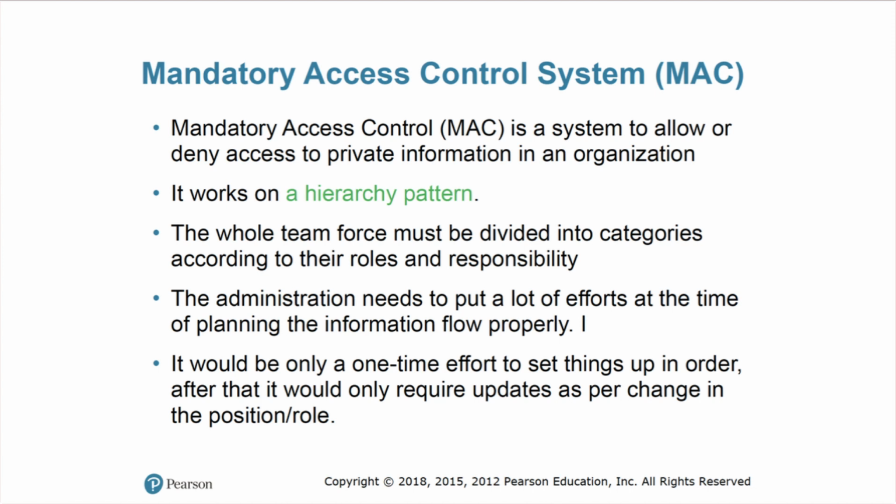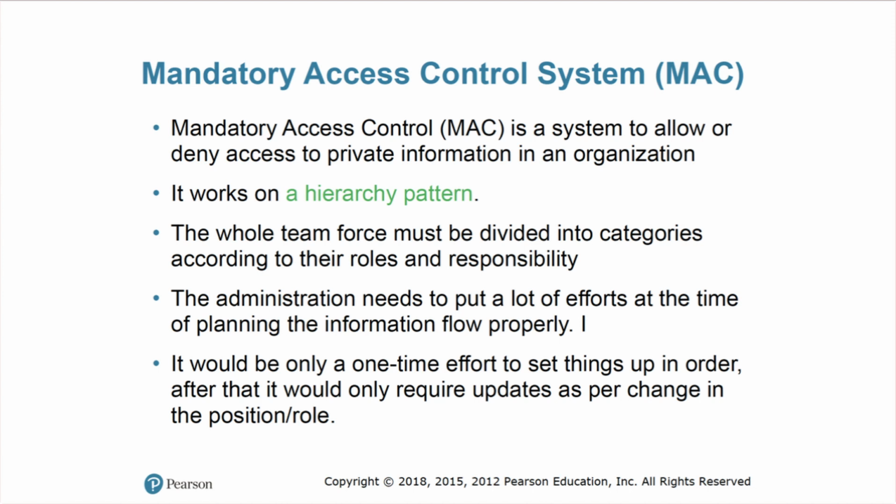So basically, the classification or the group to which the information belongs is determined by the security category. That's why there's a lot of work. Whenever there is a new piece of information, the administrators need to decide which clearance level it will belong to.